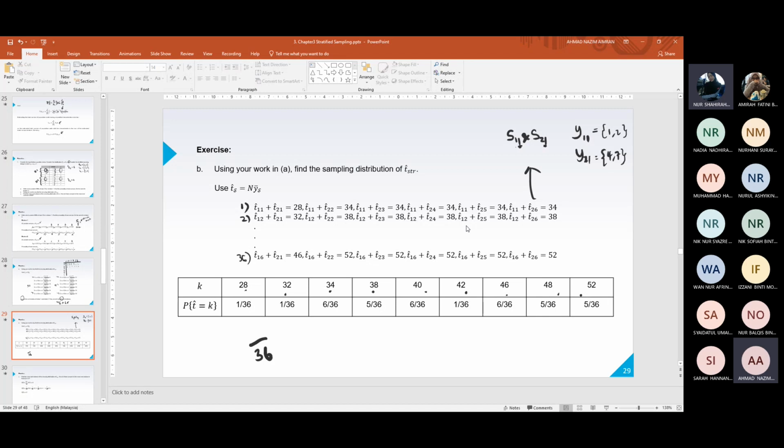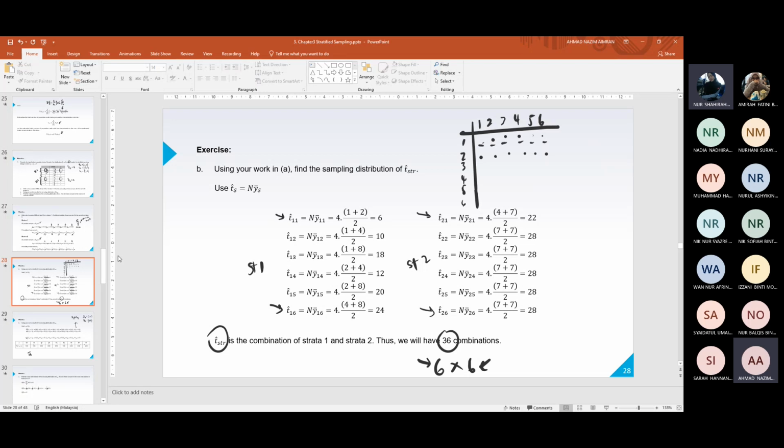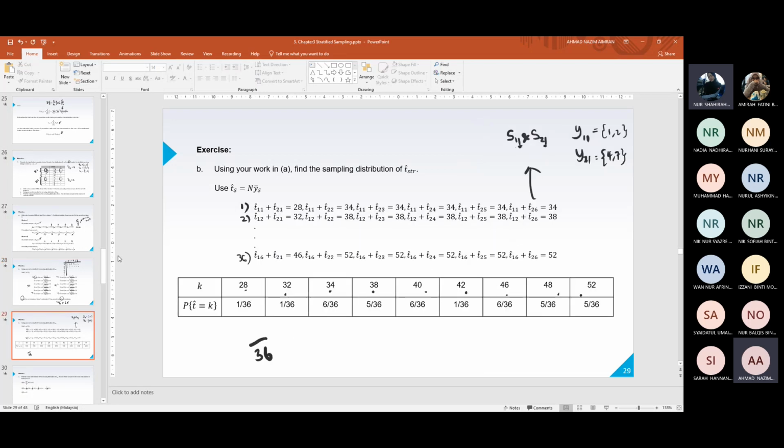But you need to calculate what? You need to calculate the estimated T value. Kita dah calculate tadi kat sini. Estimated T value number 1, 1 and 2, 1.